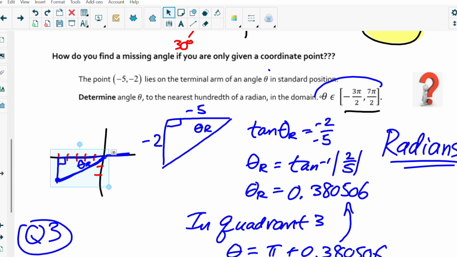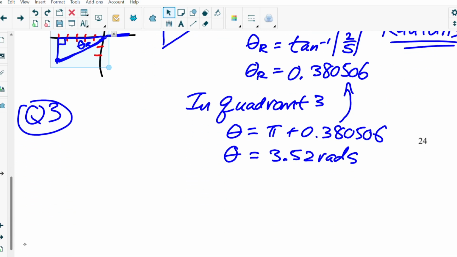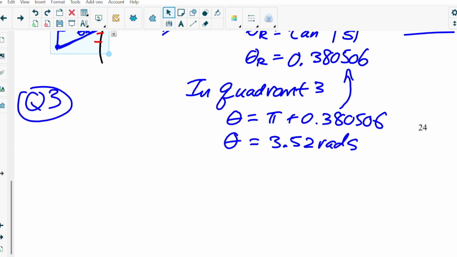Look at our domain. We have to mind our domain. Is that all of the solutions within my domain? Okay, let's take a look. Coterminal angles.